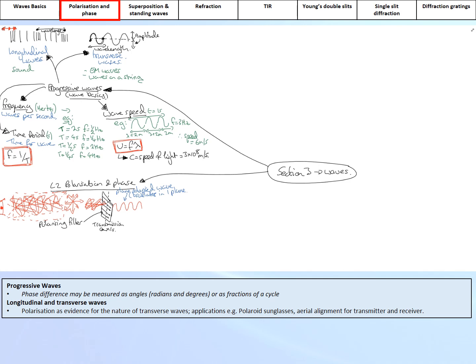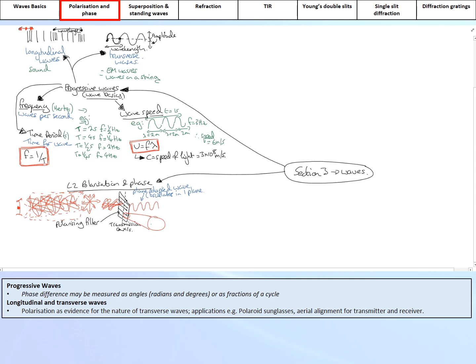And if we zoom in a little bit and see what's going on, if we've got a bar going across like this, let's draw it a bit bigger. So there's the first bar, and there's another bar down there. And the bar is full of electrons. And when the wave comes in, back and forth and back and forth, it drives the electrons backwards and forwards and absorbs the horizontal bit.